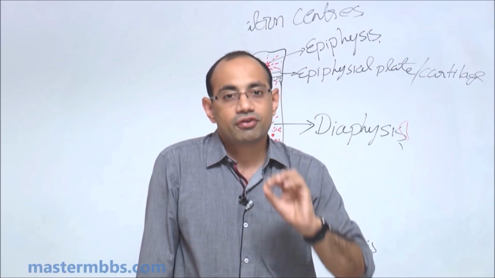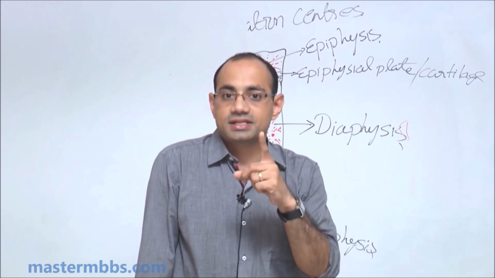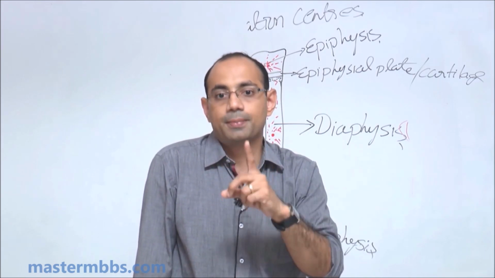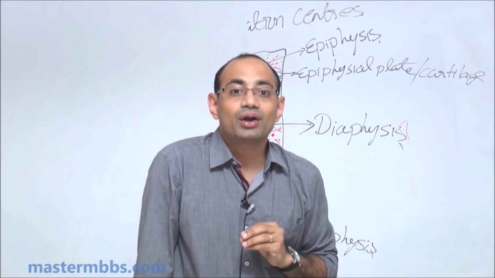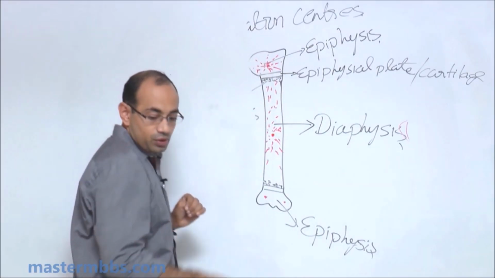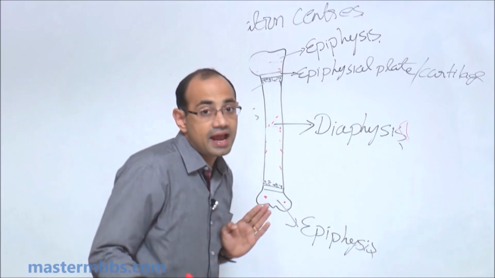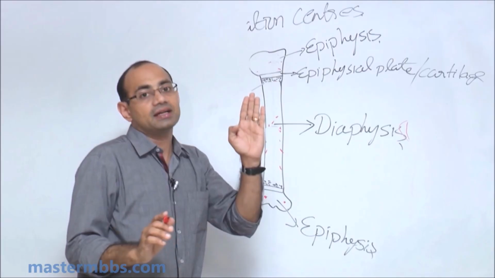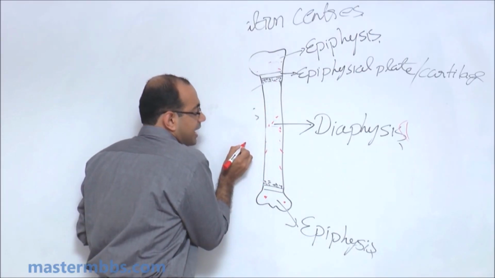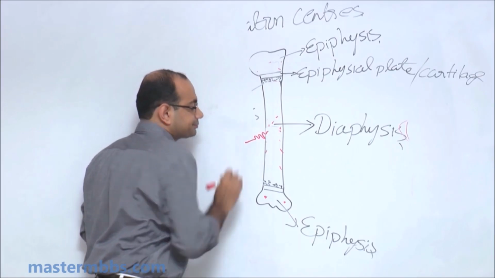So the first one: when you are learning any bone, you would have learned that there is something entering into the shaft in a particular direction. That is your nutrient artery. Now, if I am drawing the nutrient artery, we know it enters into the shaft at an angle, and as it is entering, it has a tortuosity just before it enters.